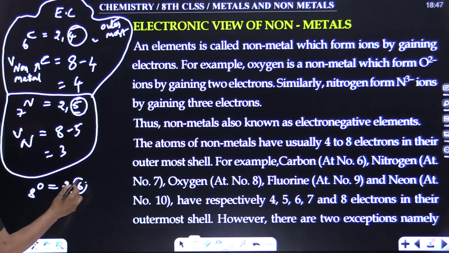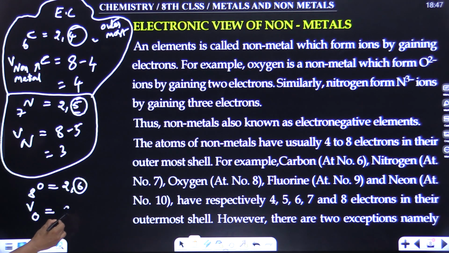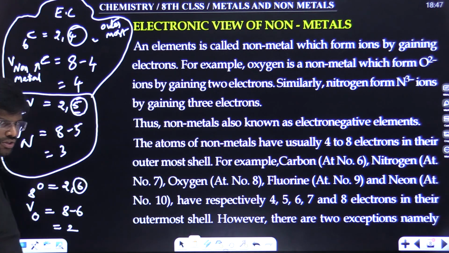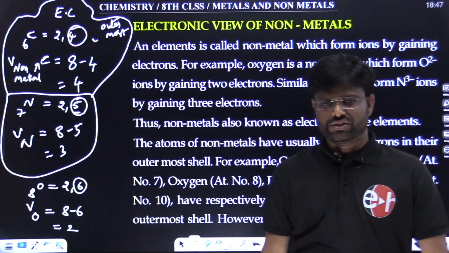Valence electrons, that means outermost electrons, are 6. To find the valency of oxygen, 8 minus 6. The valency is 2. Valency of oxygen is 2.